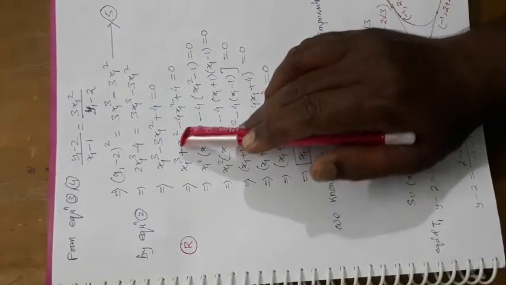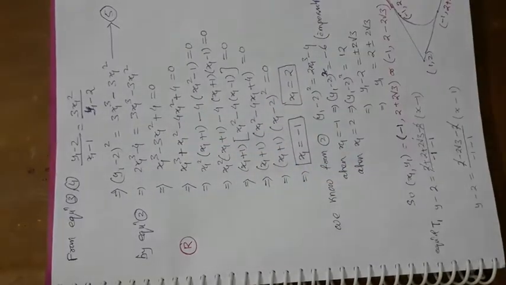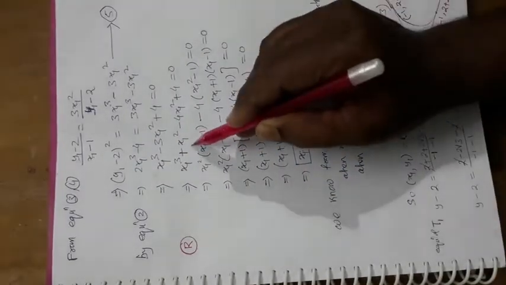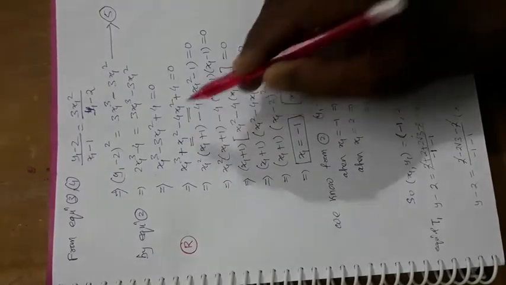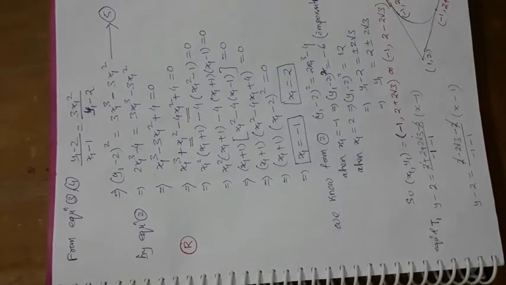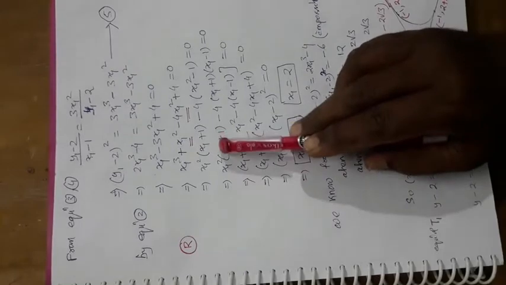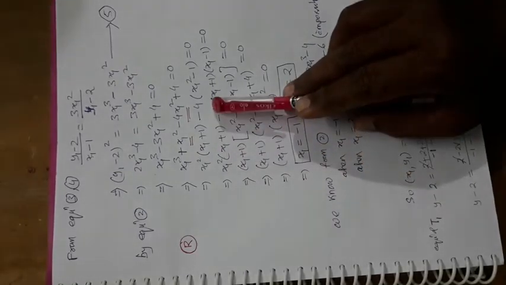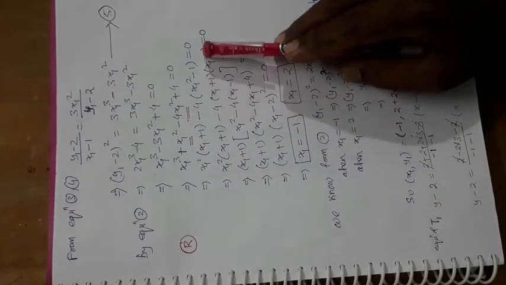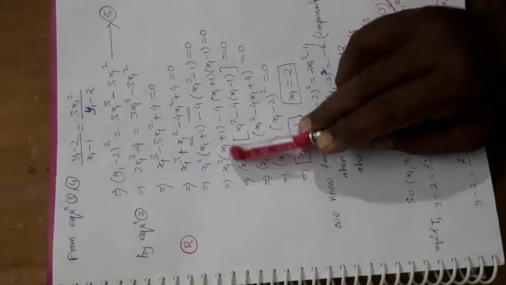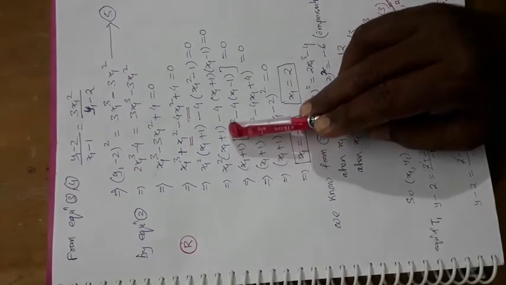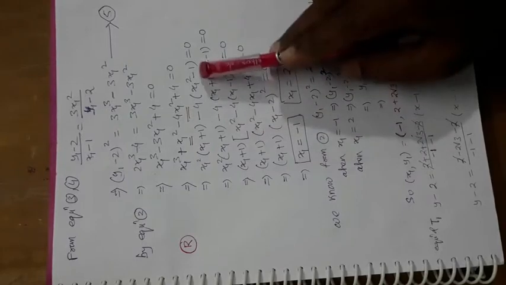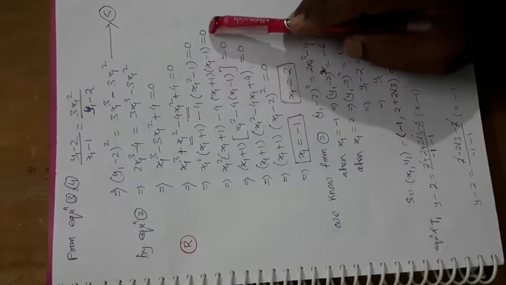You have to write this minus 3x1 square as minus x1 square plus... minus x1 cube plus x1 square minus 4x1 square. Now take common x1 square. It becomes (x1 plus 1) minus 4 (x1 square minus 1). That is x1 square (x1 plus 1) minus 4 (x1 plus 1)(x1 minus 1) equals 0.